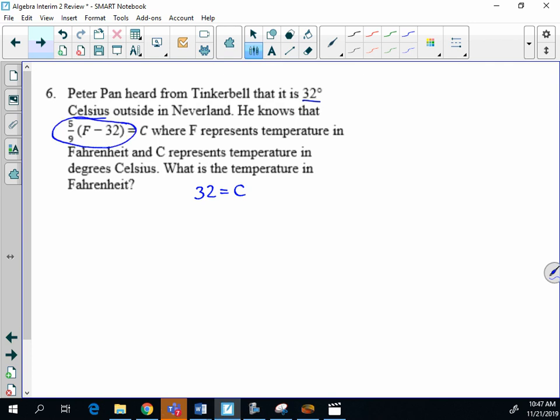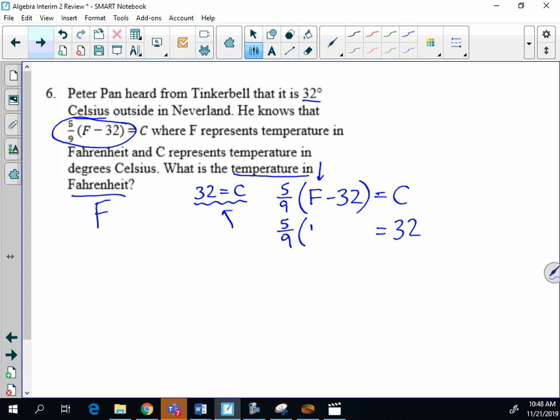I need 5/9 times parentheses Fahrenheit minus 32, close it, equals C. Well, they just told me that 32 was my C. So if I'm supposed to find the temperature in Fahrenheit, I need to figure out F. And F is trapped inside here. So let's use our 32 for C and then solve for F.